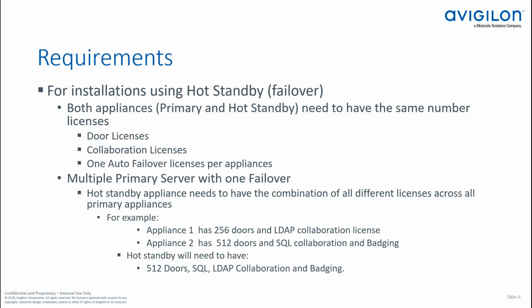What we're showing here is one appliance has 256 readers and an LDAP collaboration license, and the secondary server, slightly different, has 512 doors, a SQL collaboration license, and badging. So your hot standby needs to have a collection of all those different licenses and the highest number of doors. In that case, it will be 512 doors, SQL license, LDAP license, and badging.